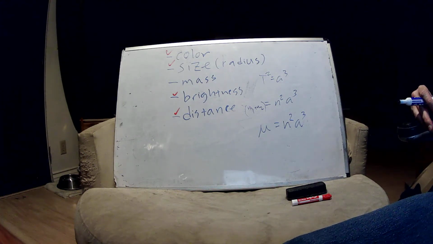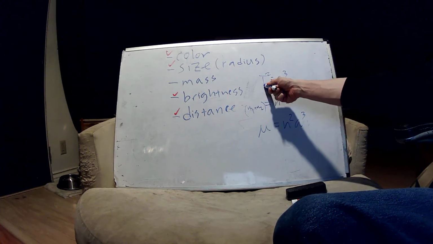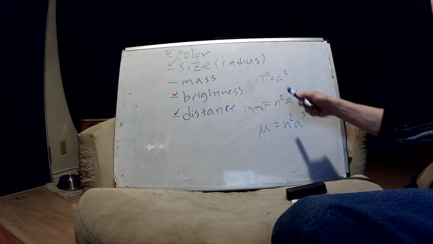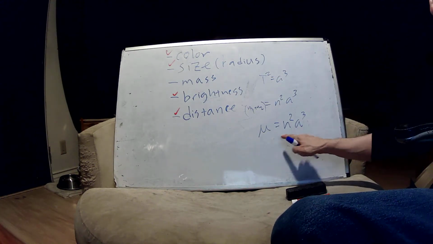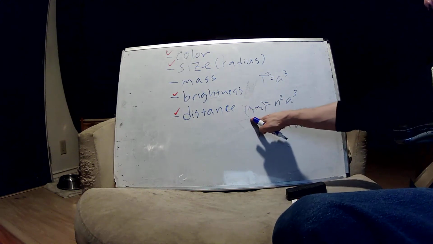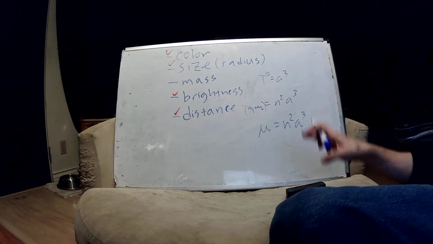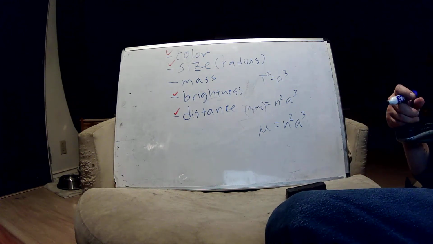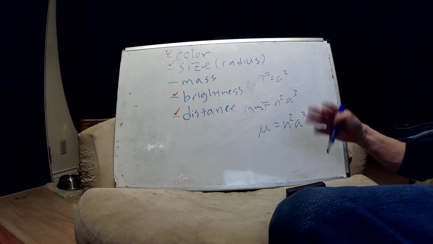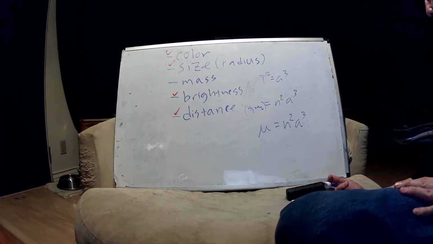Now, because we know the mean motion, or the orbital period, and because we know the semi-major axis, that means we know what the sum of the masses are, what the total mass of that star system is. And because we know what their Doppler shifts are, we know the ratio of the two masses, right?